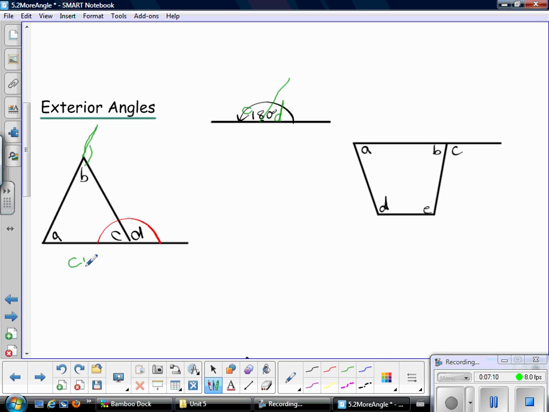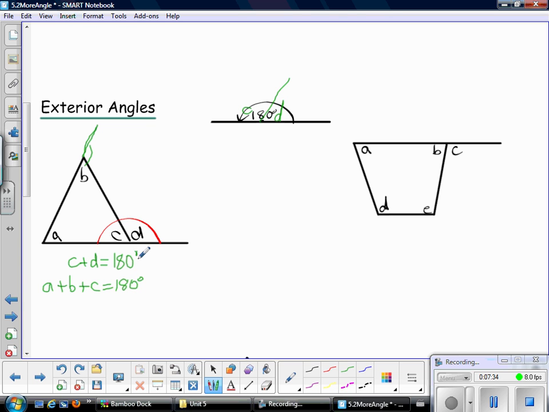So C plus D equals 180 degrees. But let's take a look at angle C. Angle C is also in the triangle, so I know that A plus B plus C also equals 180 degrees. We all agree? Not that I'm giving you any choice.